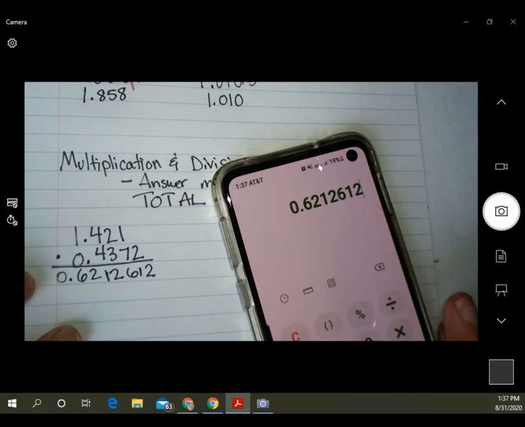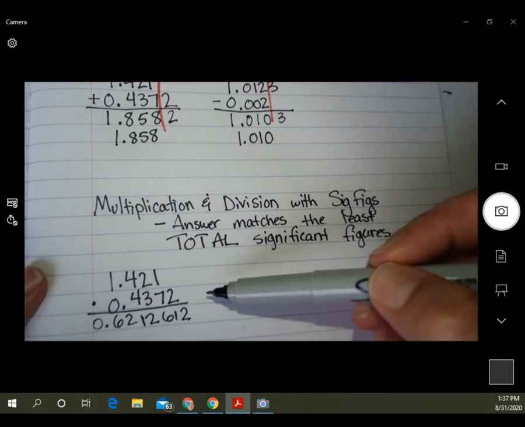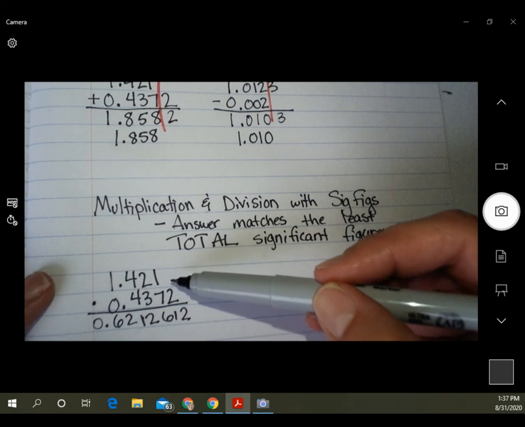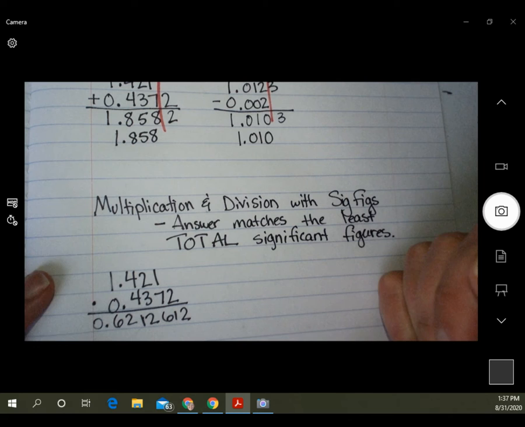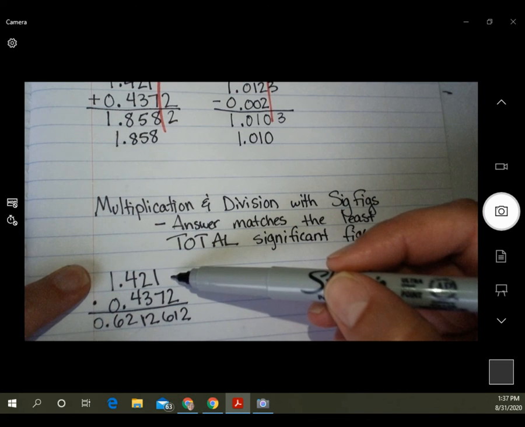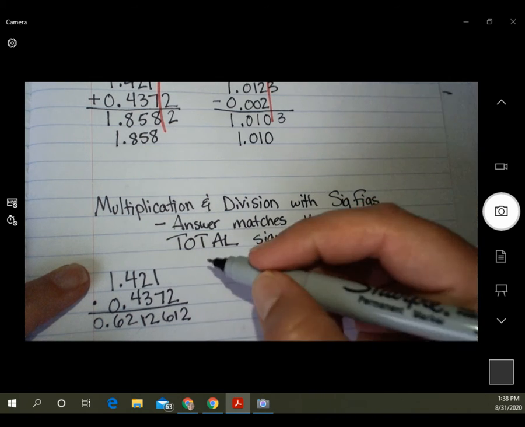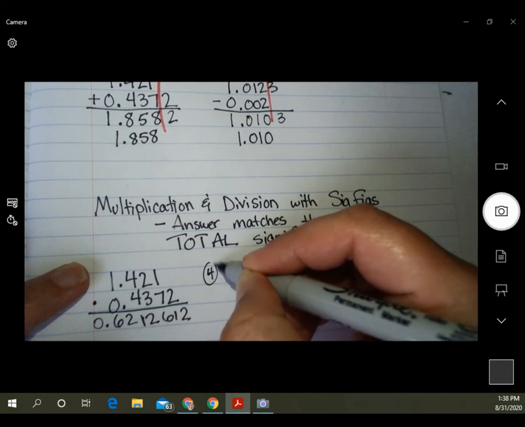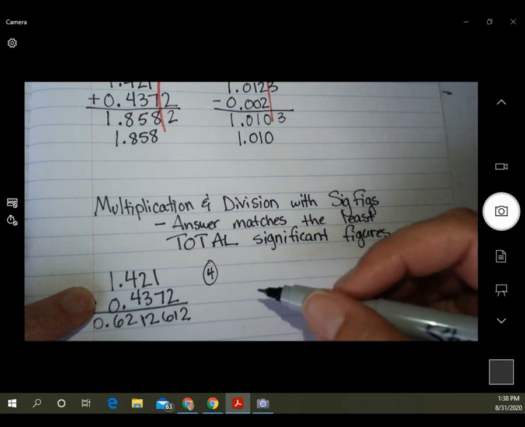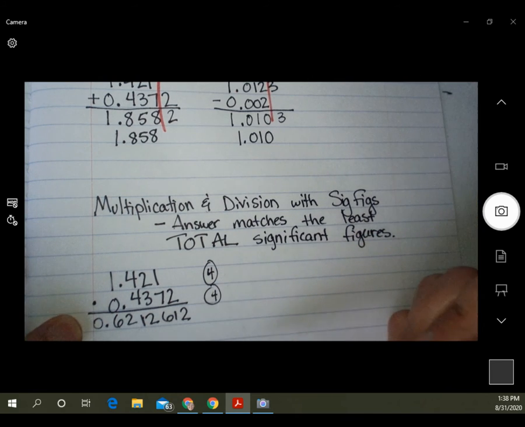I mean, clearly we have a different answer because it's a different operation, but let's look at the length of our number. In multiplication, now we have to count the number of significant figures in the numbers we used. So if we go through those rules for the first number, all non-zero digits are significant. Well, in this case, all 4 numbers are non-zero, so we have 4. In the second number, we have 4 non-zero digits, so it's 4 as well. So we're going to end up with 4 significant figures.